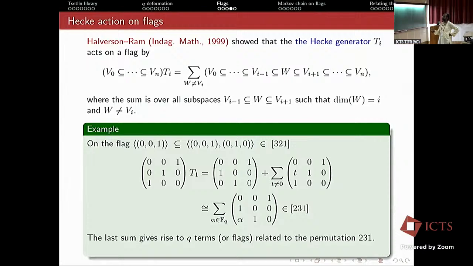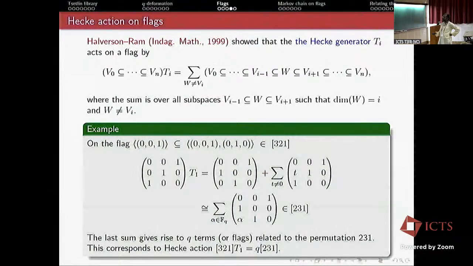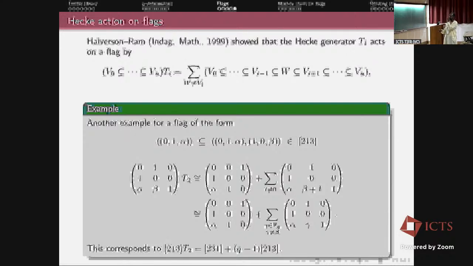But it should not be itself. So if you reparameterize after left multiplying appropriately, you get this sum. And so this is exactly the Hecke action, because there are q elements here, and what you did is you changed 3 2 to 2 3. This is exactly the definition. And similarly, you can check the other case when you have an ascent, then you get what I showed you. Okay, so that's how the T_i are related to the flags.